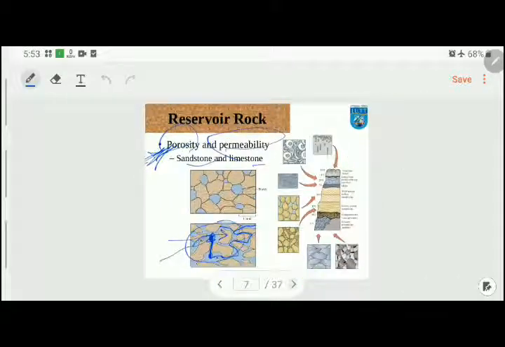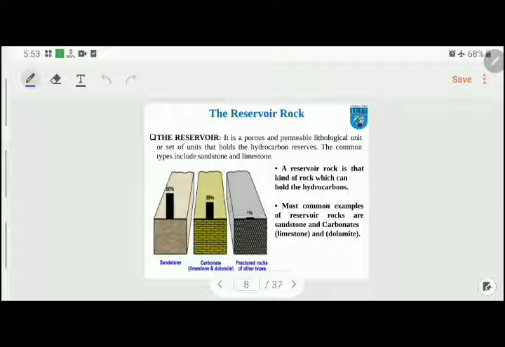So the production can be high, and they call it a good reservoir. So the reservoir is a porous and permeable lithological unit or set of units.